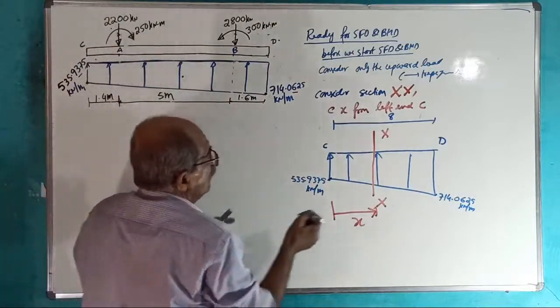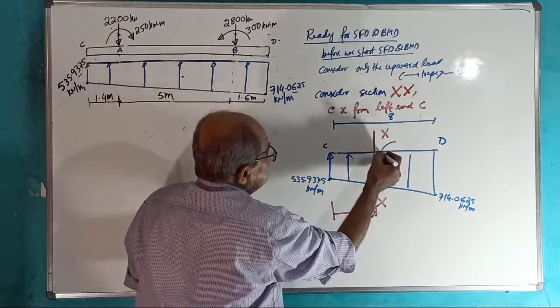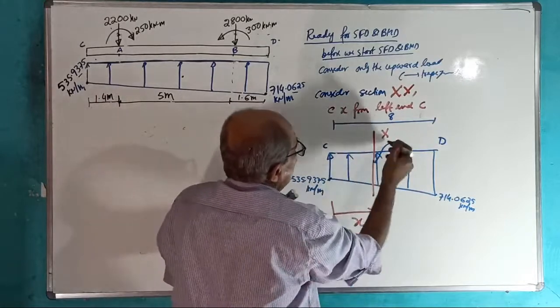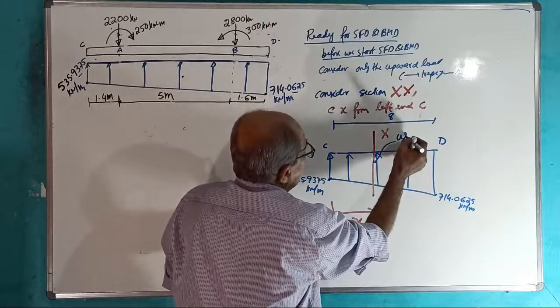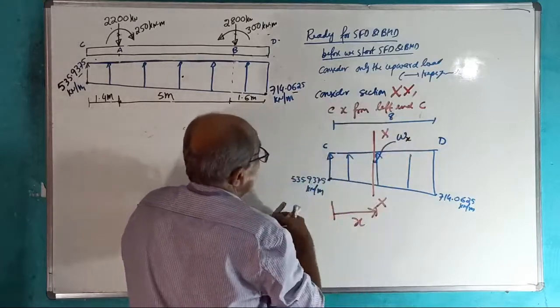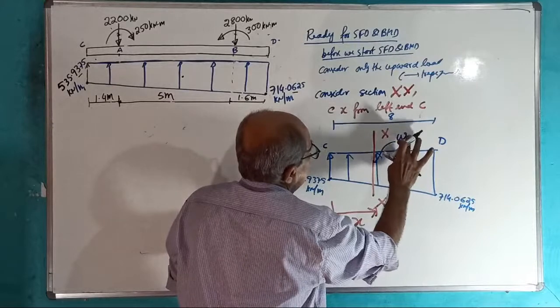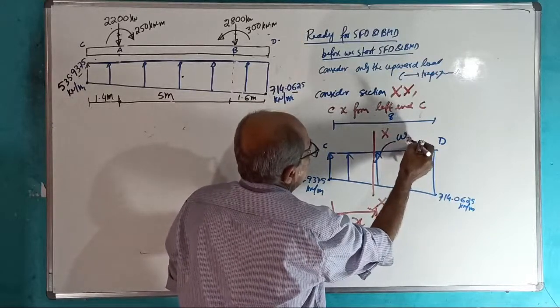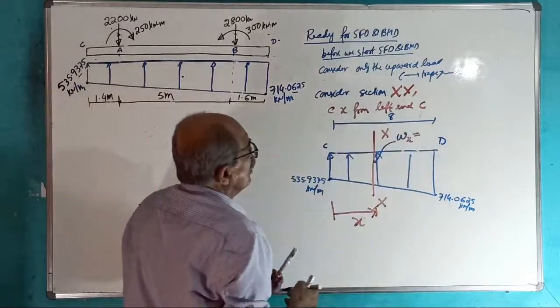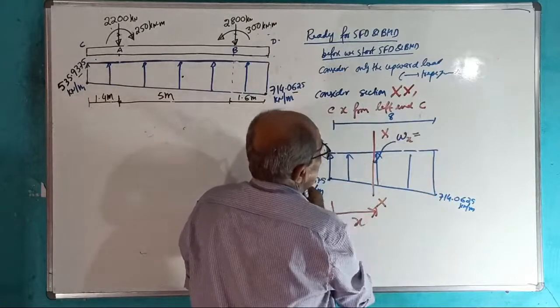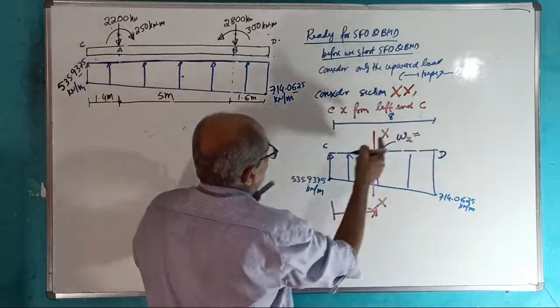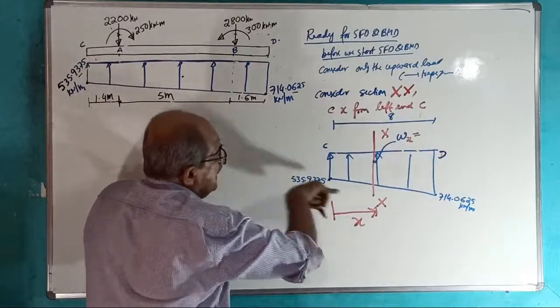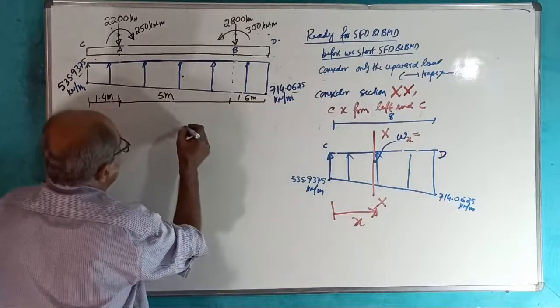Clear? Now, this intensity is called intensity W at the point X. I want that value. Tell me how to get it.